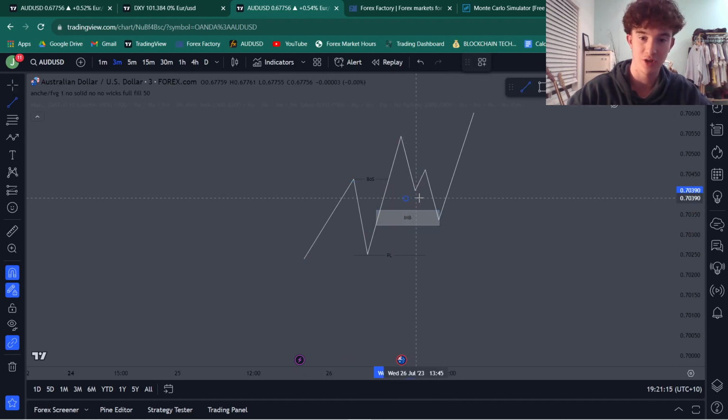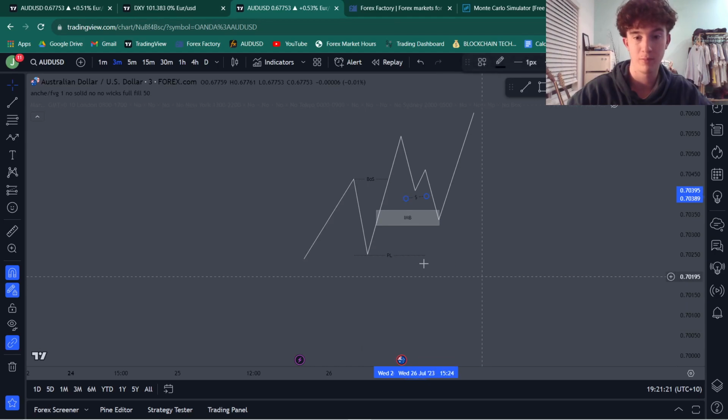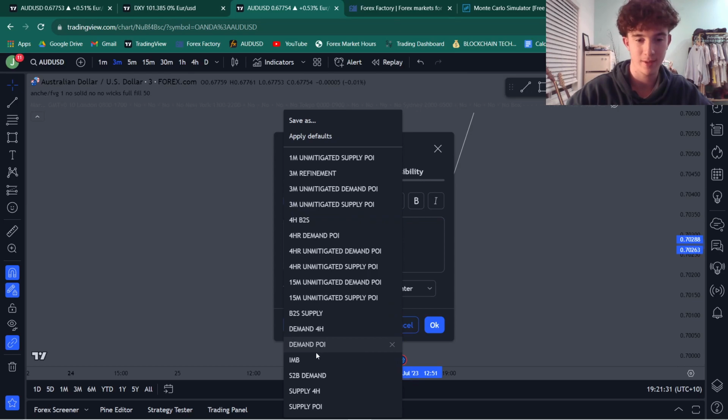But there's actually inducement for the imbalance. So liquidity build up for the imbalance. So there can still be a demand zone here, but because we have a liquidity build up for the imbalance or fair value gap, it can still be valid. But these rarely play out, from what I've tested. You're better off waiting for a protected high or low zone because it's higher probability.